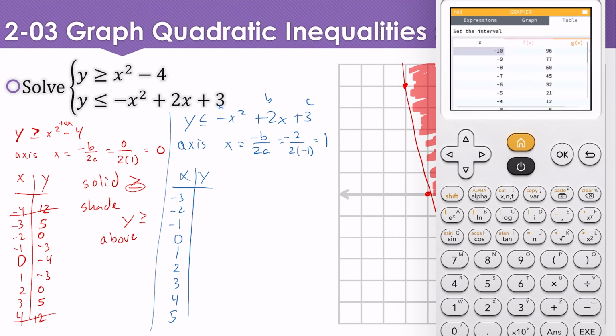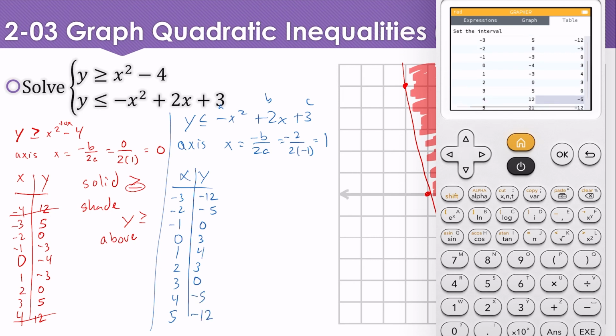And on the table, it's just over there. All right, I want x is negative 3, which is negative 12, negative 5, 0, 3, 4, 3, 0, negative 5, negative 12.